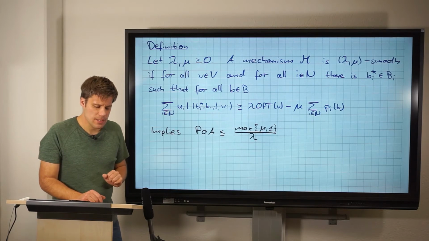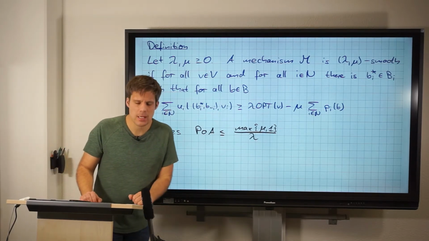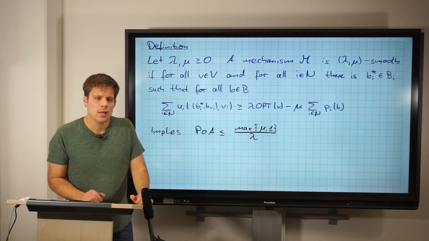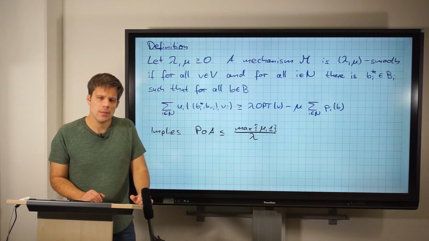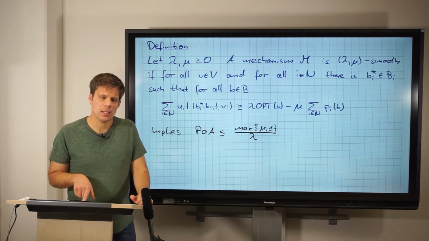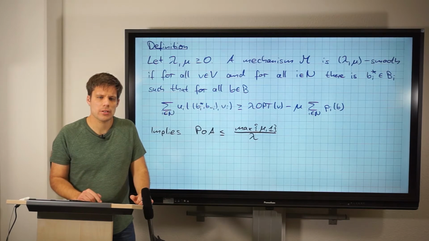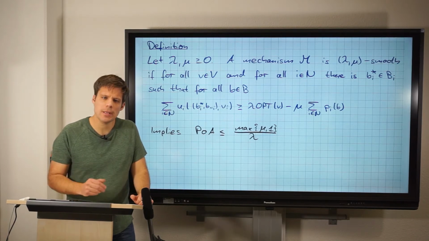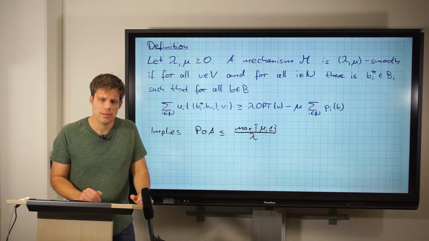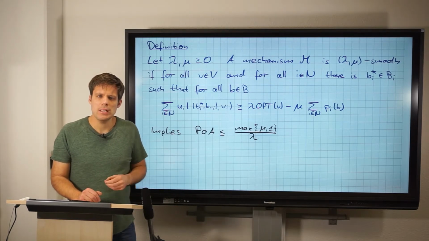So the first mechanism I'd like to talk about is item bidding. Namely, what will we be doing? We will now be selling each item in a combinatorial auction separately. And we ask, how good is this? One way you can think about this is kind of parallel eBay auctions.